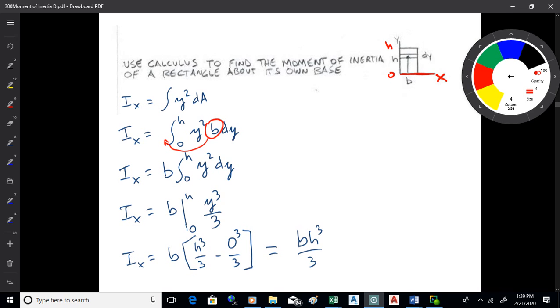So you notice it's the same integral, but changing the limits very much alters the value of the integral, okay? So instead of bh cubed over 12, it's bh cubed over 3. It's 4 times as big, simply by moving the axis. Okay. Doing all right with that?